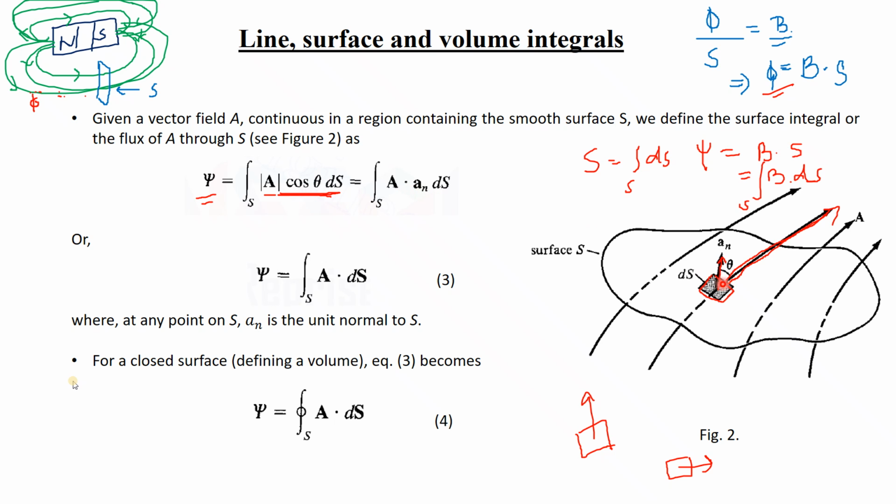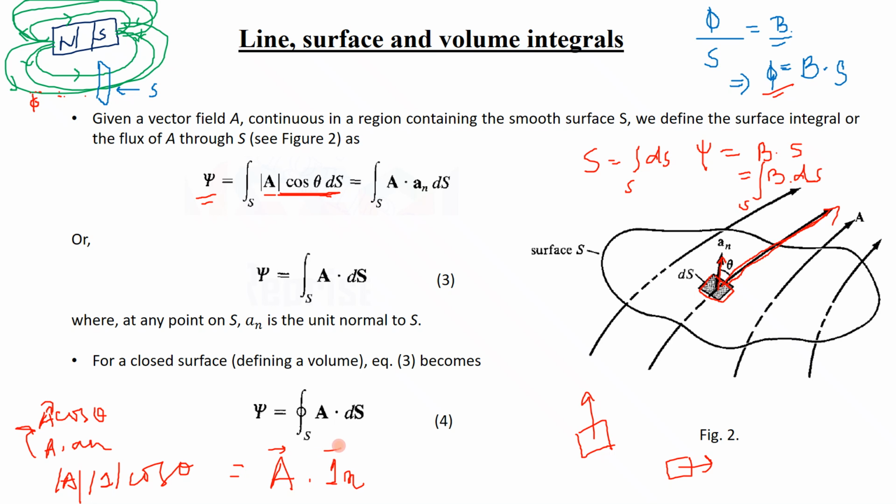Also, A cos theta means A dot the unit vector n, where unit vector n is the normal one. If I calculate the dot product, it will be the magnitude of A times 1 times cos theta.